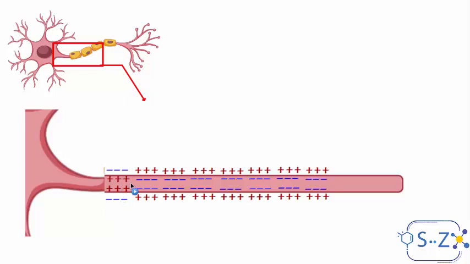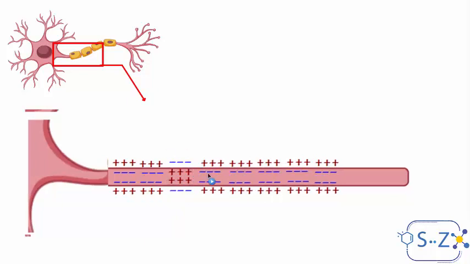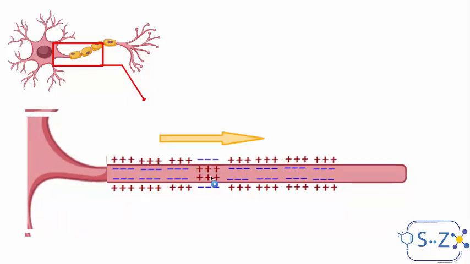Then this action potential leads to a change in the potential in the next area. So there becomes an action potential here also, where the charge switches and all the gates open and whatnot. This also leads to a change in the next area. So in this way we see how the action potential starts to move along the axon from one point to another, all along the axon.